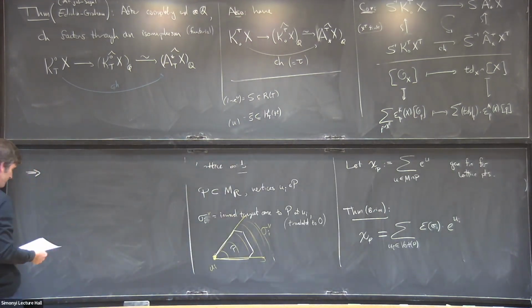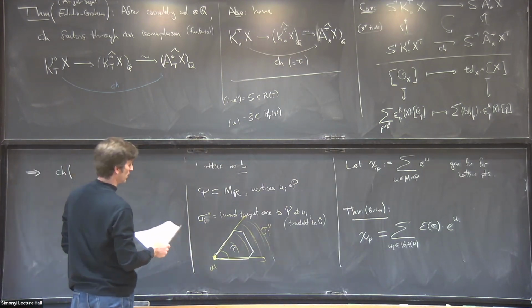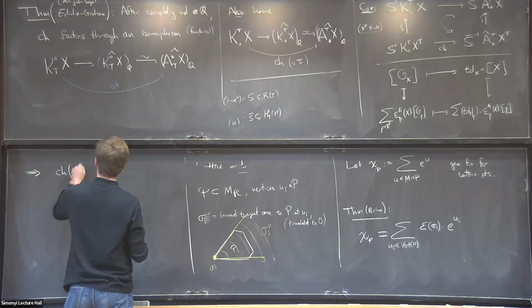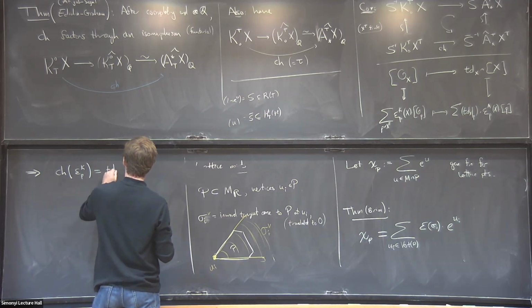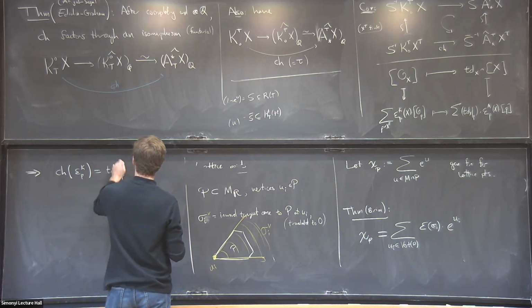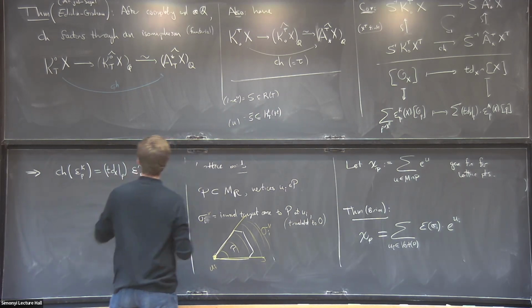Just fixed points. So this says that the Chern character of the equivariant multiplicity, the K-theory equivariant multiplicity, is equal to the Todd class restricted to a point times the Chow multiplicity.